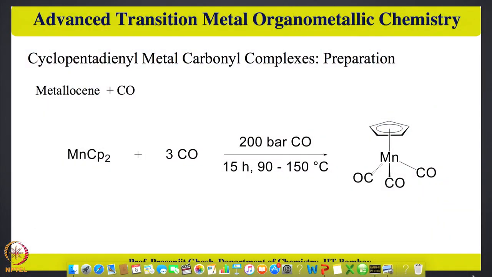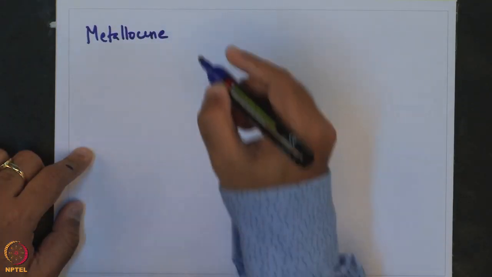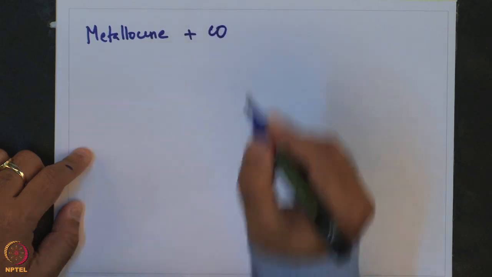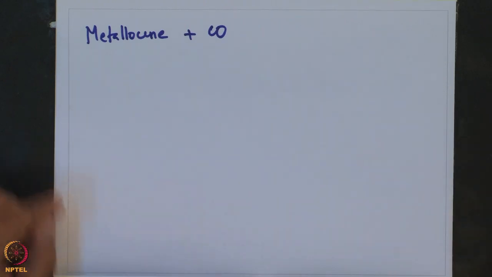Another reaction involves direct reaction of metallocene with carbon monoxide. So, in this case no reducing agent is used. This reaction however requires drastic conditions, as we will see, by high pressure and temperature and longer reaction times.